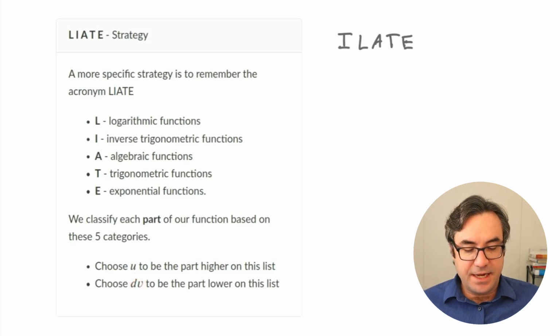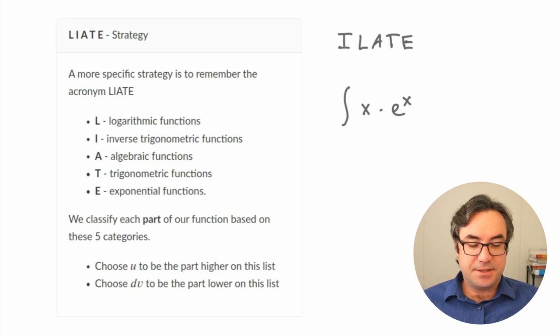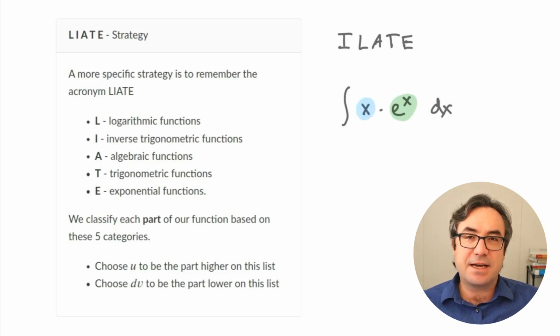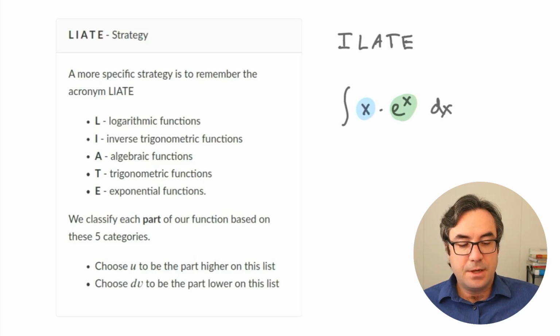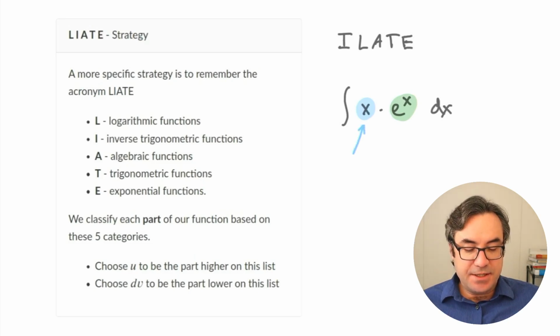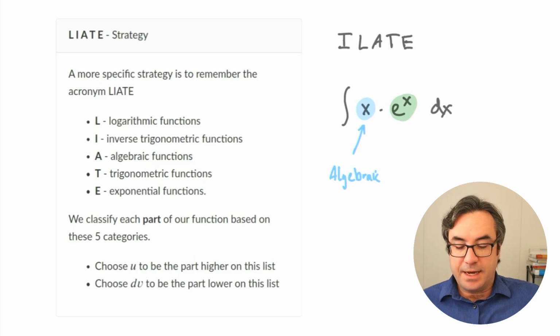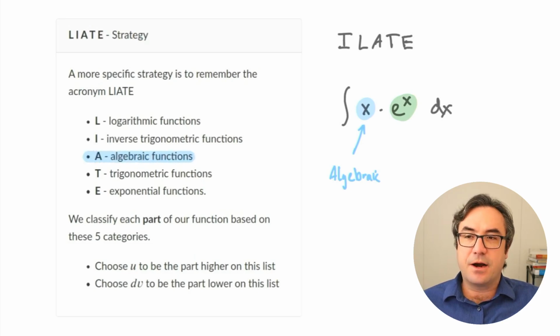So in our last example, what did we have? We had the integral of x times e to the x. And we broke that apart into its two separate parts. So we had an x term and we had an e to the x term. So x is algebraic. That's a polynomial. So the x term fits here on our hierarchy of functions.